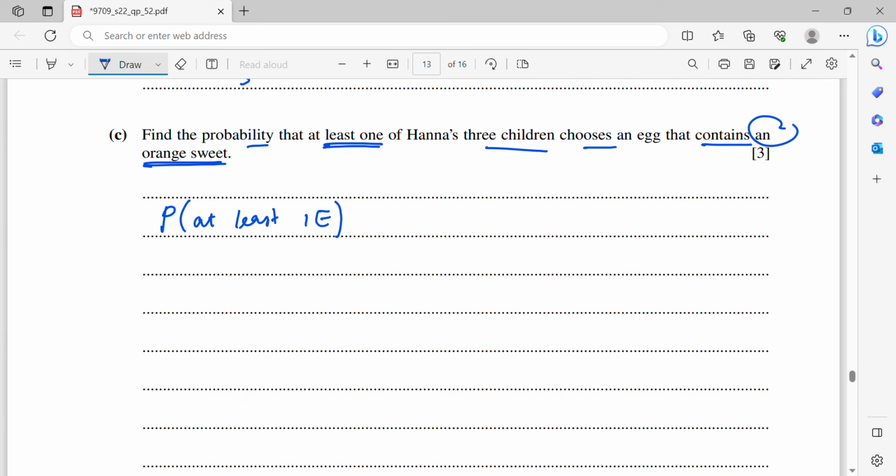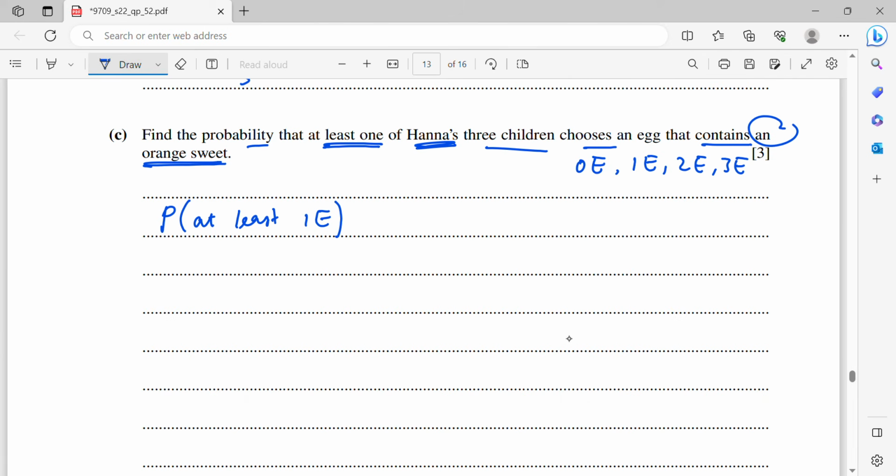Means that at least 1 E. Now for your information, Hannah has 3 children, right? So it can be none of them having chosen the orange sweet. It can be 1, it can be 2, or it can be all 3 children chosen the orange sweets.